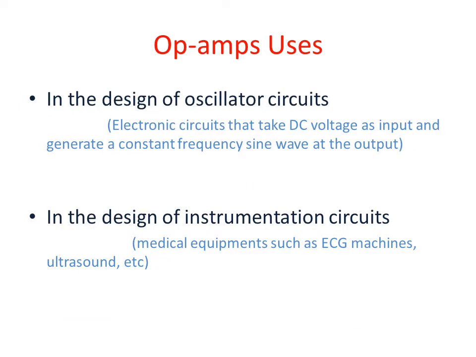Operational amplifiers are used in the design of oscillator circuits. Please note that we will not be going into the detail of what oscillator circuits are, but of course we should know just a bit about them, that these are those circuits which take only DC input while they generate constant frequency sine waves at the output.